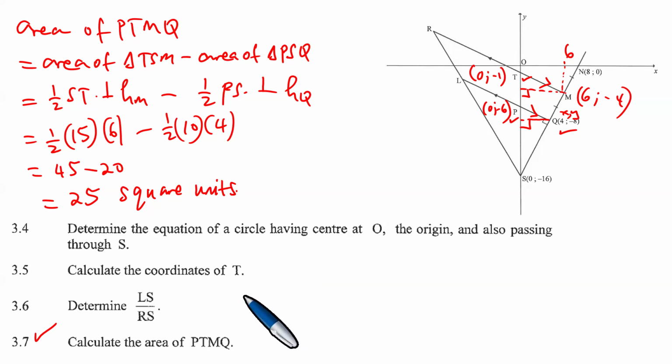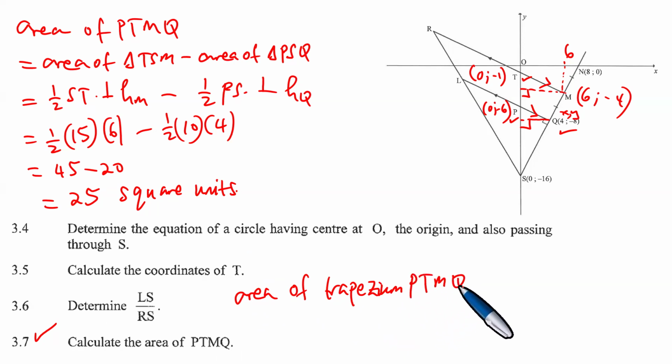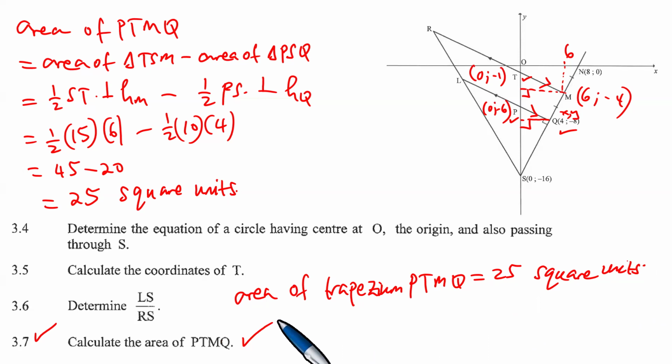You can write small letters as follows and say, for example, area of trapezium PTMQ, and this area is 25 square units. That is the area of PTMQ, like that. And then a couple of things that obviously we're going to take into account.